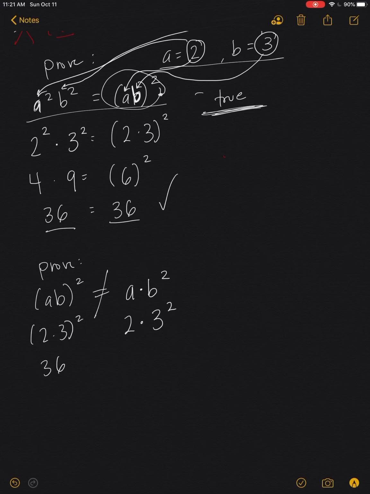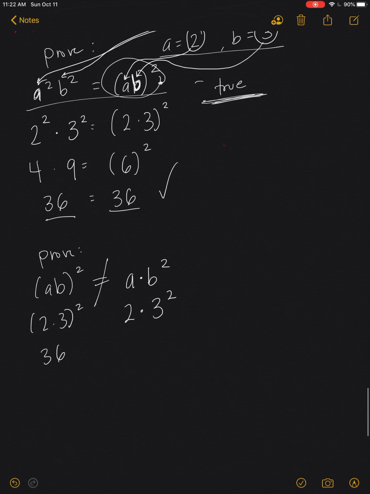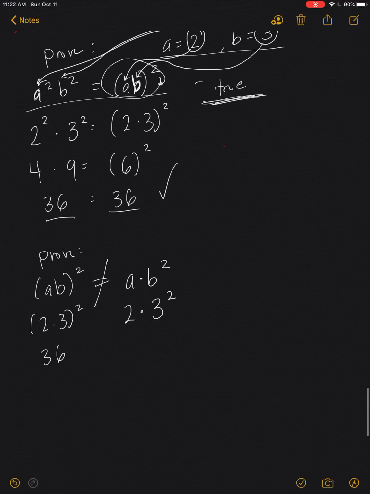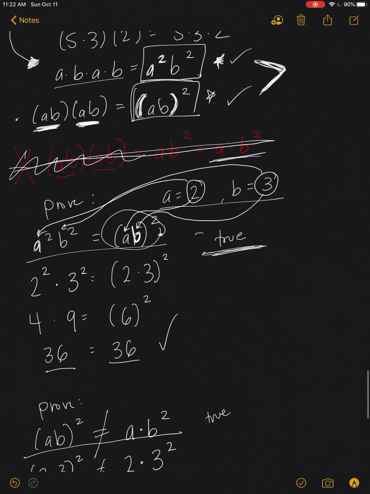If we have 2 times 3 squared, that's different. We're not squaring the a this time. So we have 2 times 9, 18. 36 does not equal 18. So this is true. They are not equal to each other.